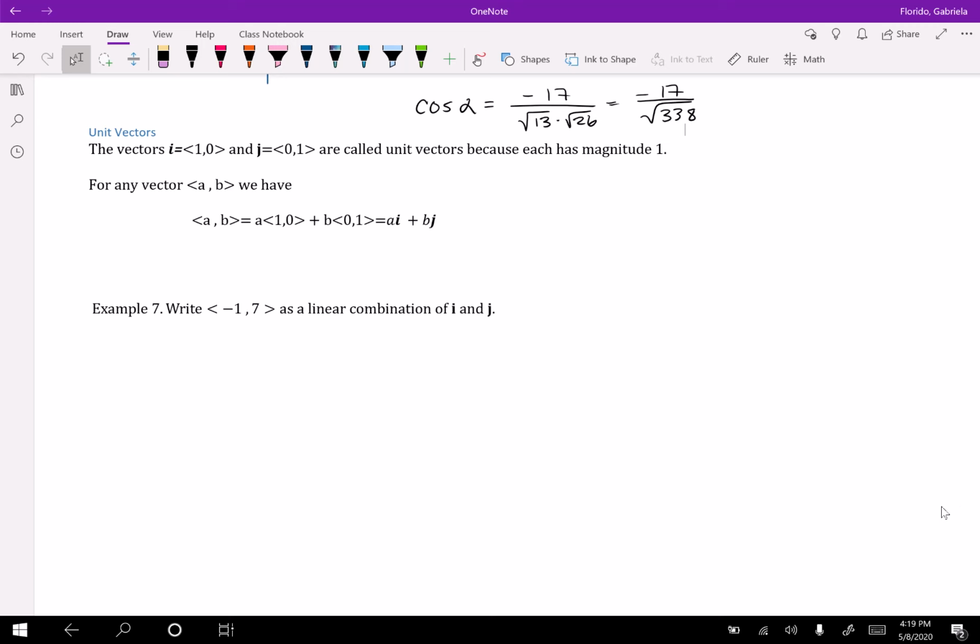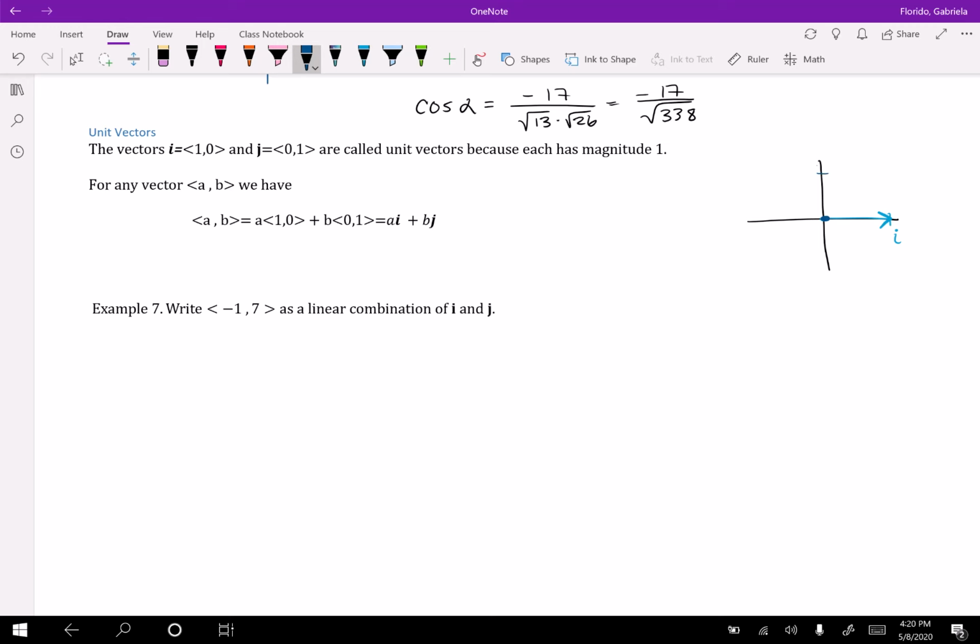So let me just show you where these vectors live. Again, we have vector i, which is 1, 0. They all start at 0, 0, and then it's going to 1, 0. So this here is vector i. Now vector j, again, starts at 0, 0, and the terminal point is at 0, 1.